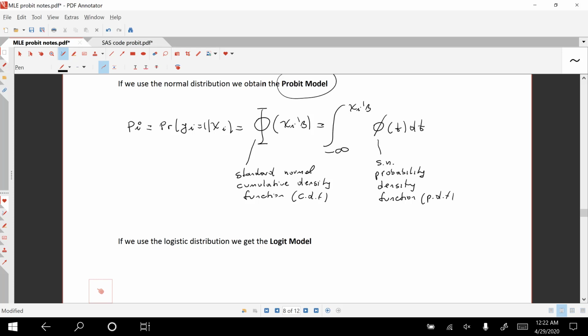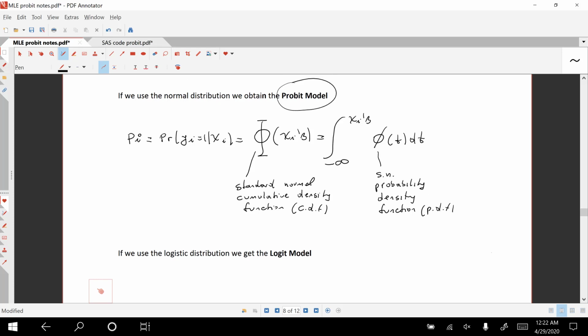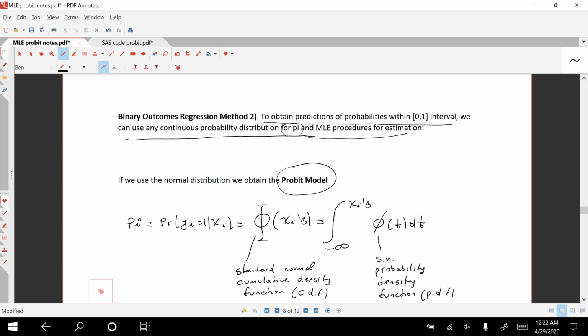Again, these formulas look complicated, but the standard normal probability density function, I'm going to write it here, evaluated at t. This is a probability density function for a normal distribution: exp of minus 1/2 times (t minus mu) squared over sigma squared.